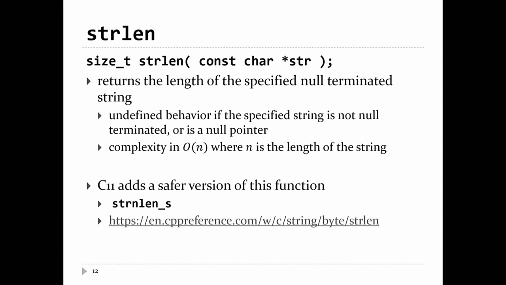So what you'll see in a lot of the standard library functions, especially the ones that work with strings, is that there's a version of a function that looks like this, so strlen. There'll be another version of the function that's got an n somewhere in it.